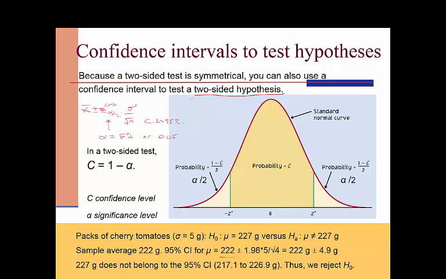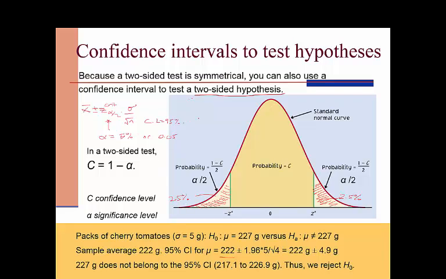So you have to look up z of 0.025. Remember, because it's two-sided, you have to divide alpha on both sides, right? This is alpha divided by 2, so 2.5%, and this would be alpha divided by 2, right? So 2.5% or 0.025.